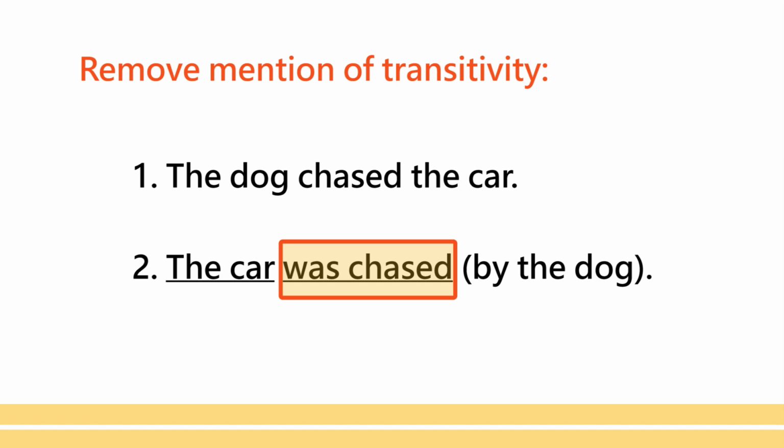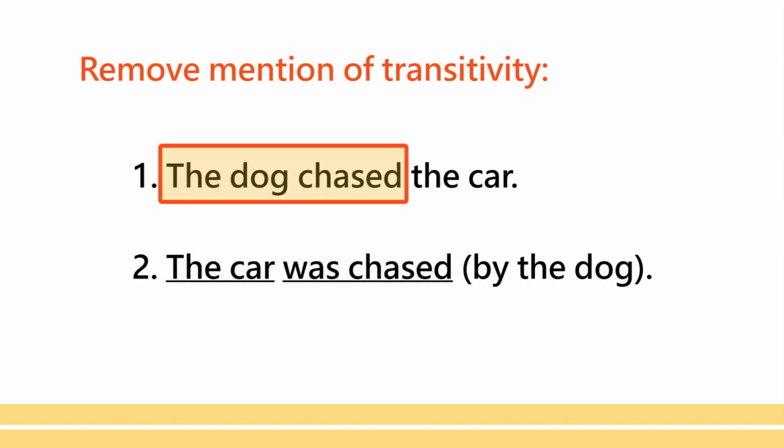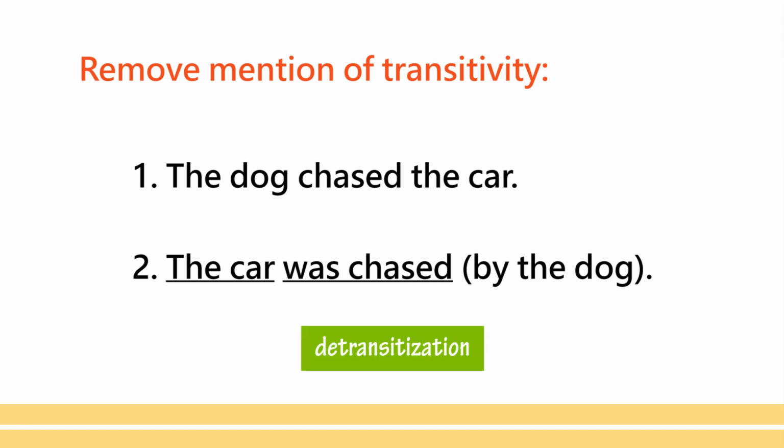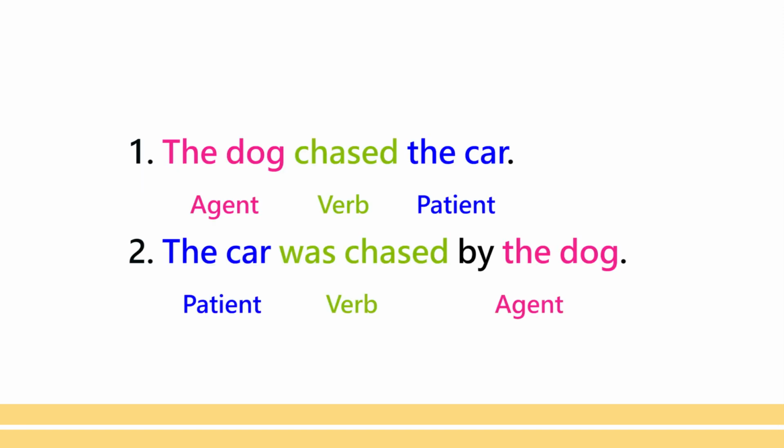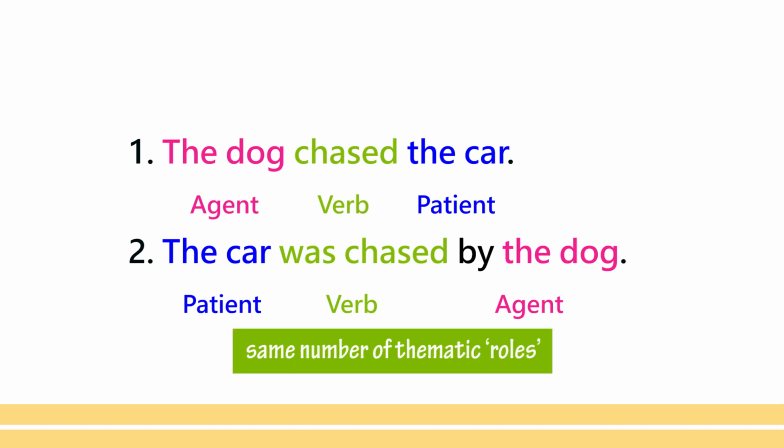So you take away that transitivity requirement. When I say the car was chased, you don't ask me it was chased what. But if I tell you the dog chased, you would ask me the dog chased what. When I turn it into passive, you don't ask that question anymore. So let's call this detransitivization.